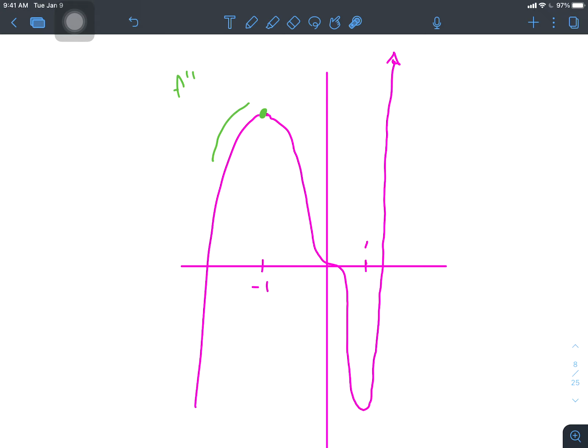So if it's concave up, then the second derivative is positive, and if it's concave down, then the second derivative is negative. So this shape kind of looks like an N, right? So I think concave down, right? It's curving downwards, and so that tells me that the second derivative is negative. And also a little bit to the right, it looks like f double prime is still negative to me.